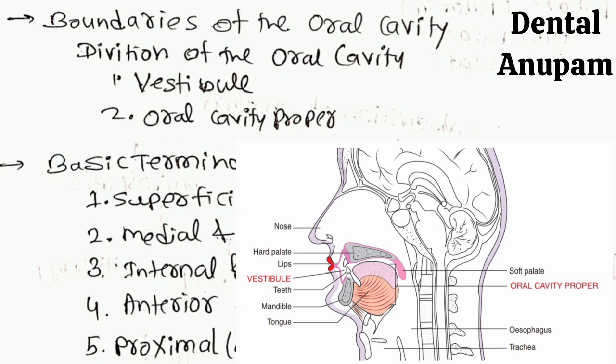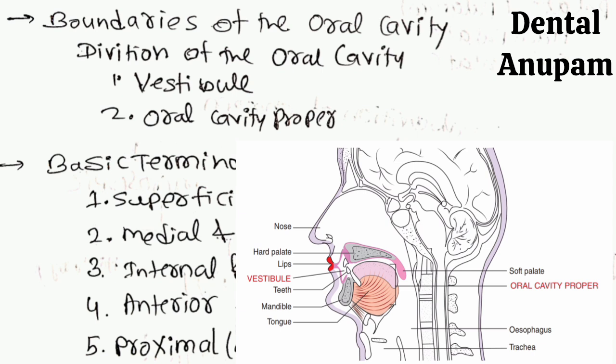The vestibule, or vestibulum oris, is the space bounded by the lips and cheeks on the exterior and gums and teeth within.